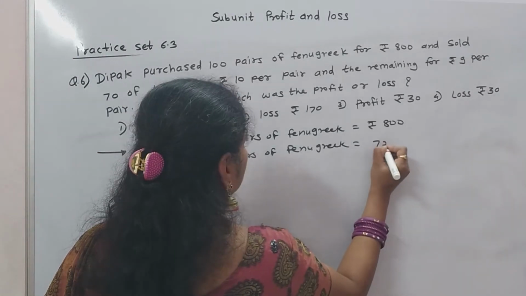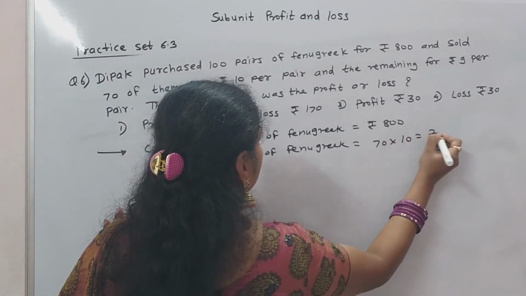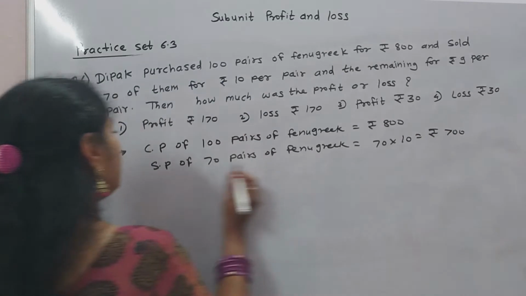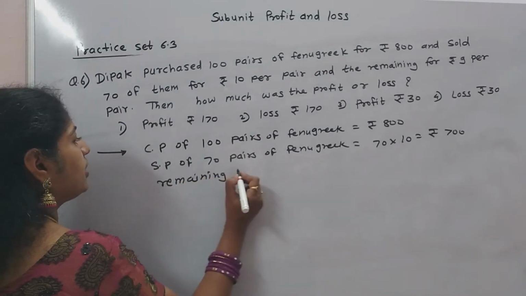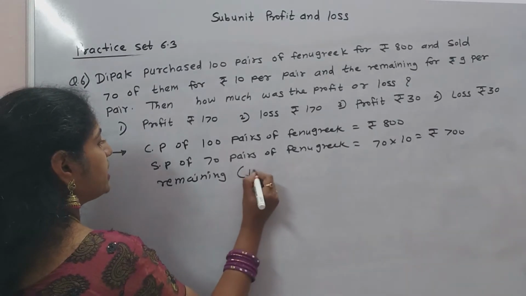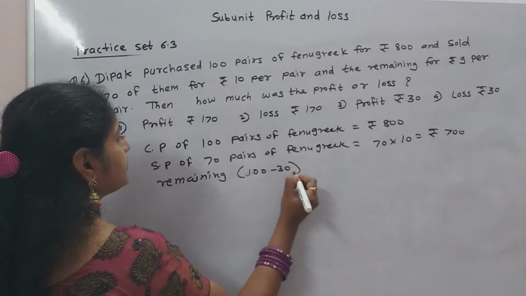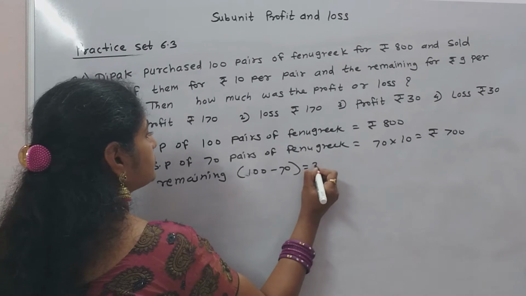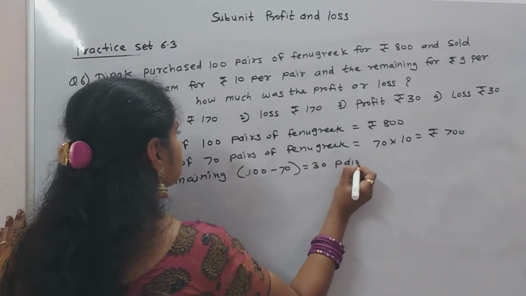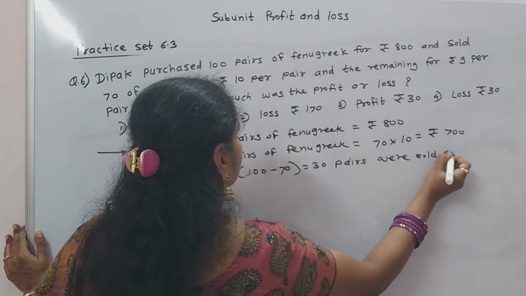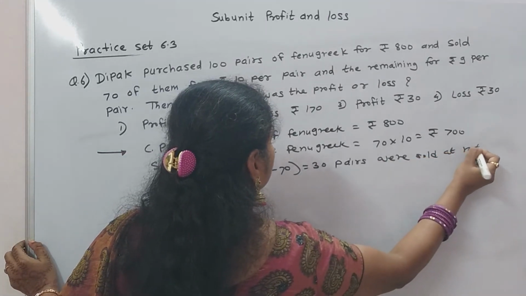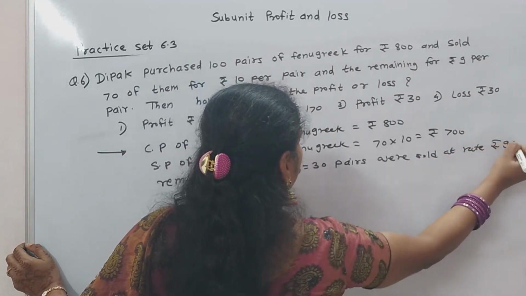So 70 into 10, 700. Remaining: 100 minus 70, that is 30 pairs, sold at the rate of rupees 9 per pair.